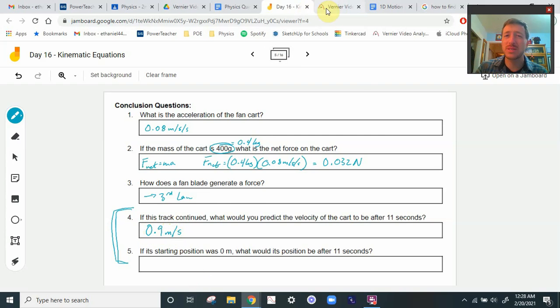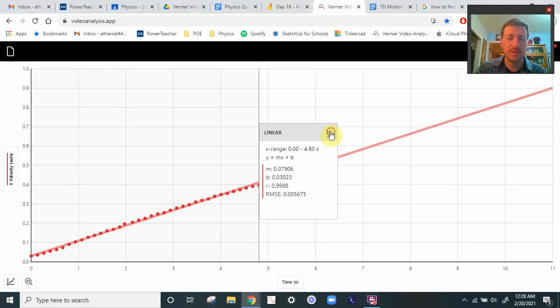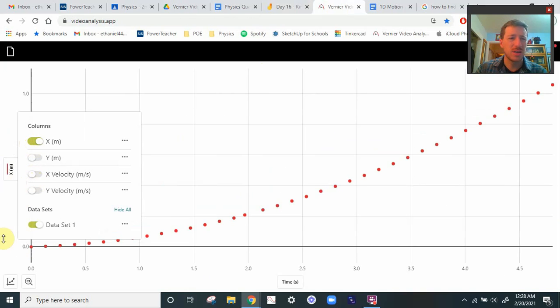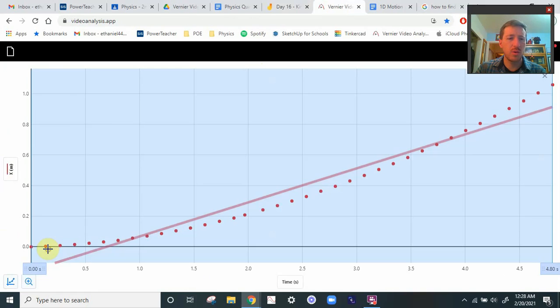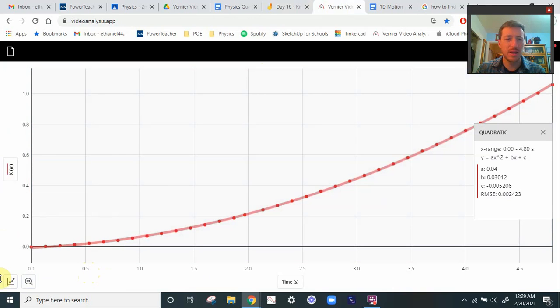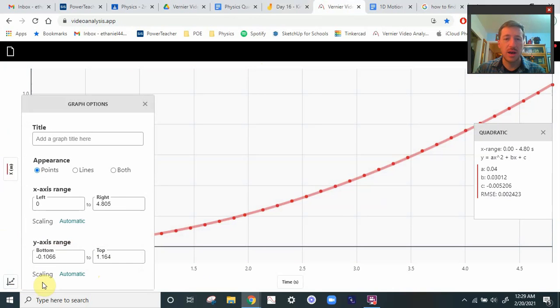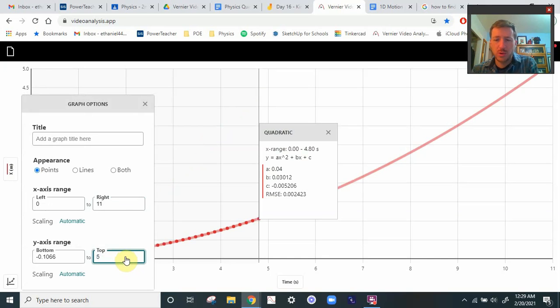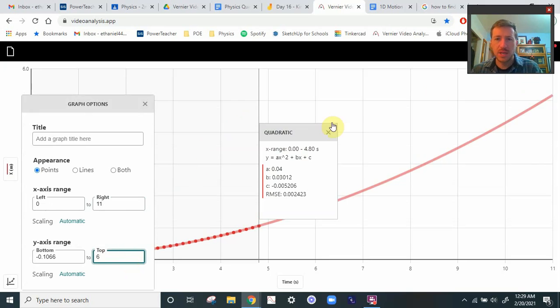And then similarly with the position, if I change this up and do my position graph and apply my quadratic fit to there, that nice fit, and then I can change the axes of this too to go up to 11 seconds. I need quite a bit more, so let's go to 5. I need a little bit more, so let's go up to 6.